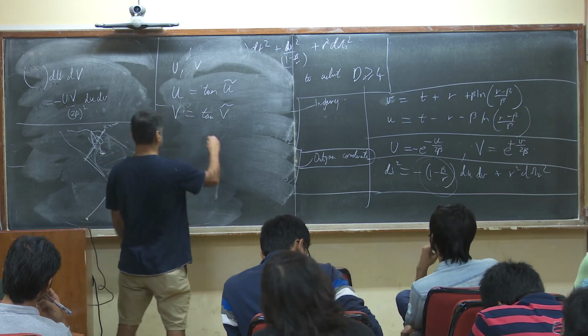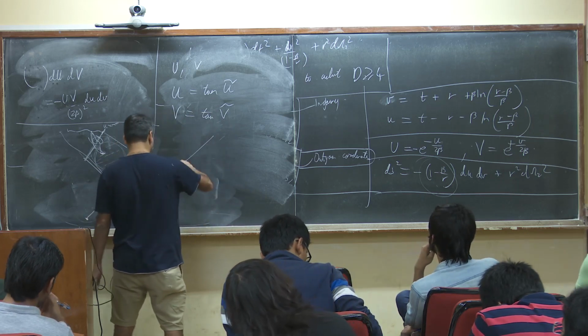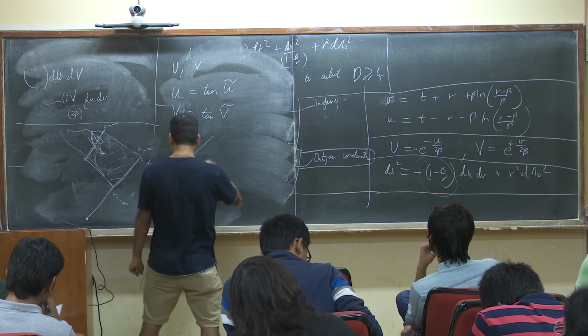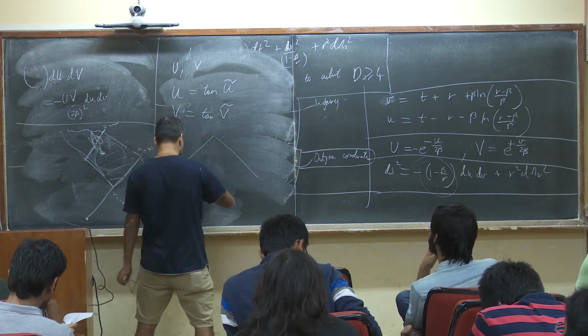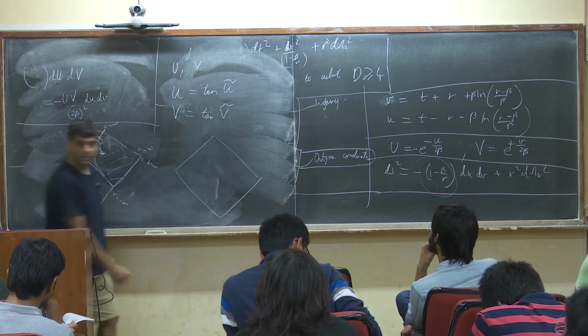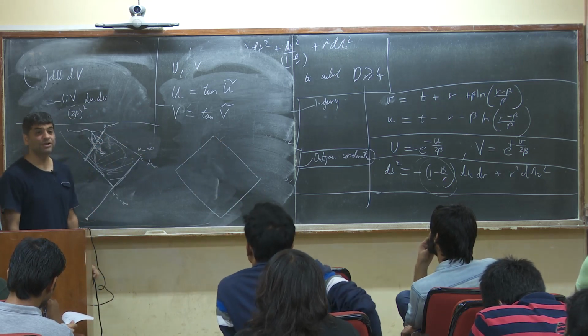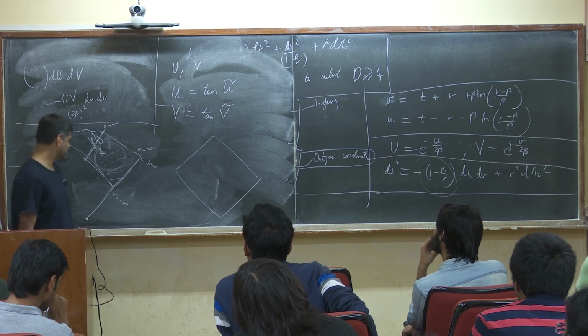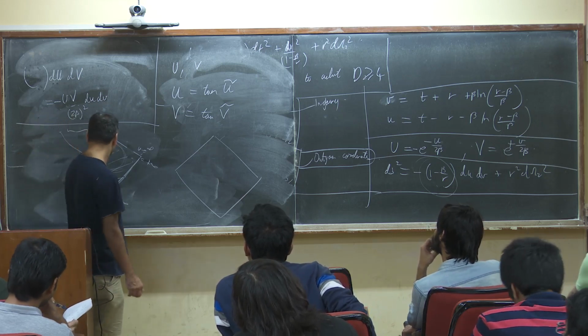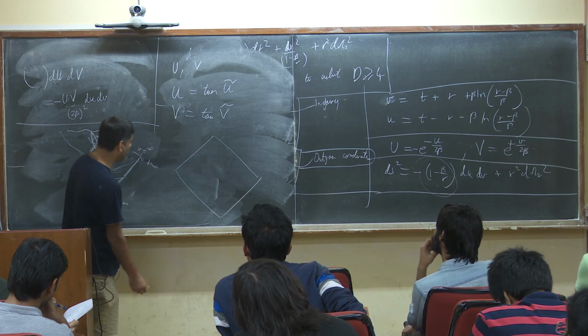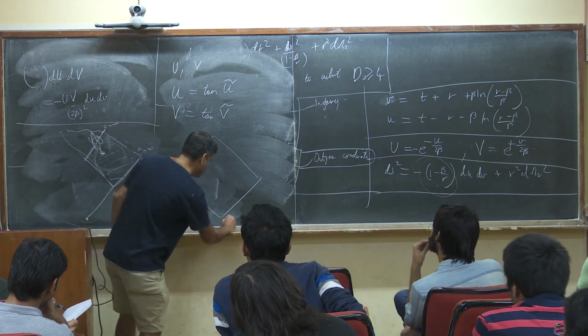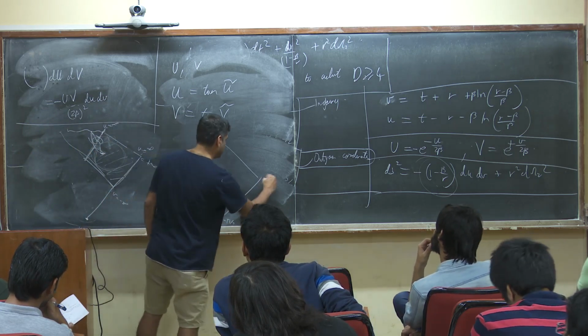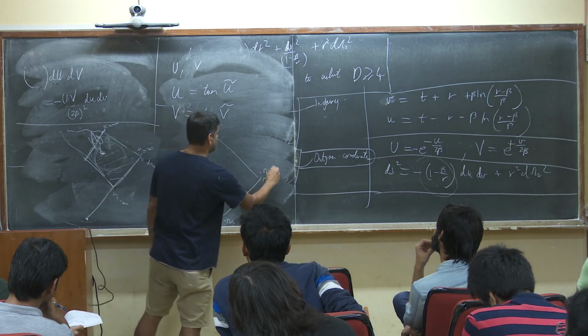So, just like before, we have a diamond in u tilde v tilde space, minus pi by 2 to pi by 2, minus pi by 2 to pi by 2.